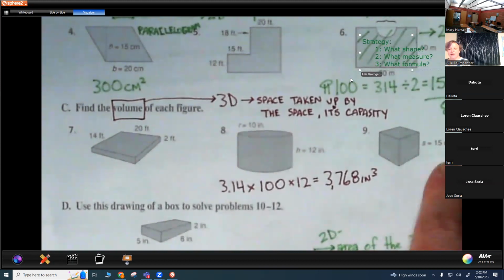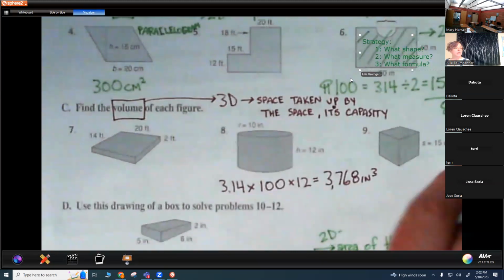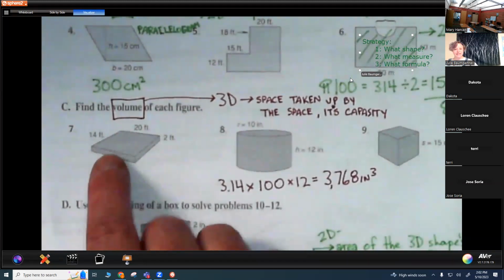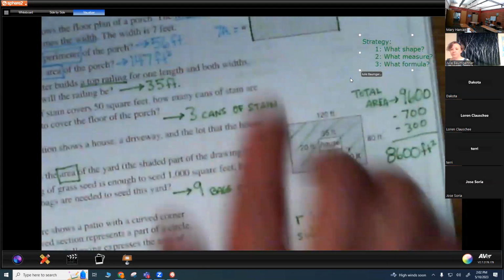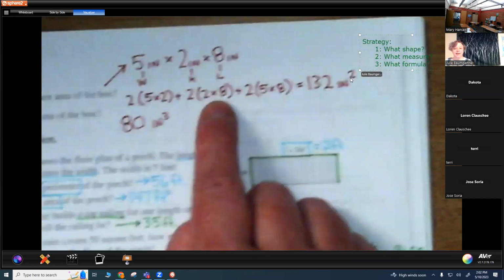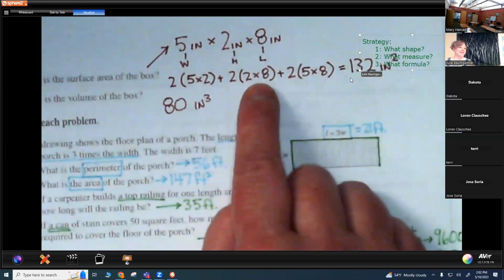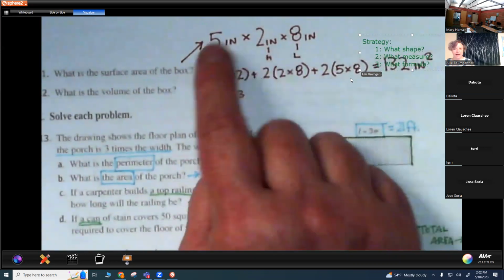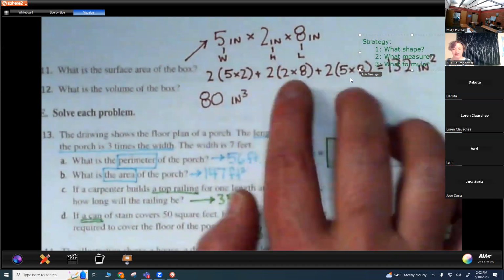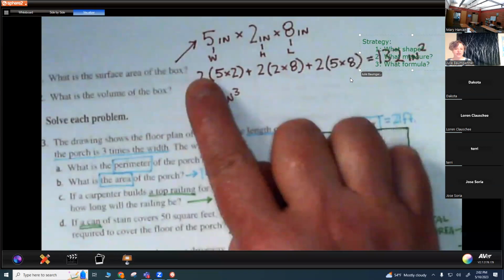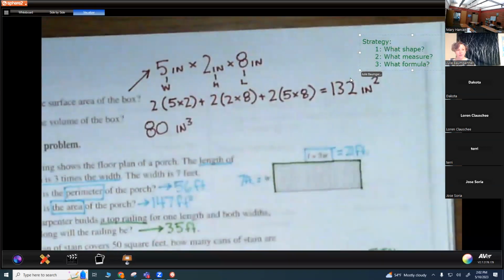So 6 times the side squared would give you the surface area of a cube. And you're basically doing the same thing that we did here, but because all the sides are equal, you can cut out some of the noise and simplify it a little. But you're still basically combining the 3 dimensions and then calculating their area, you know there's 2, and then adding.